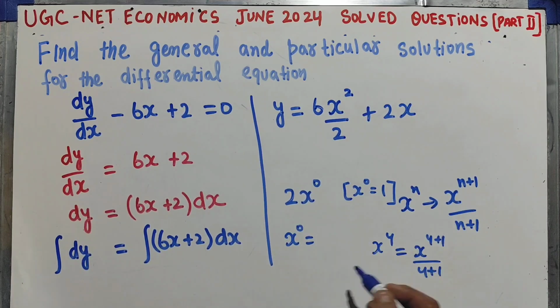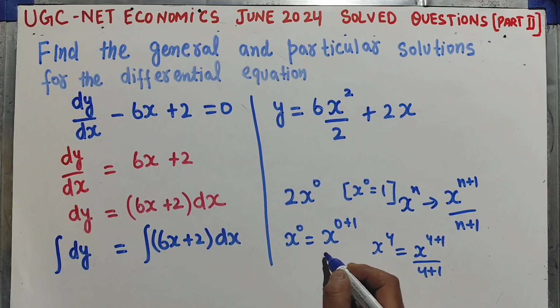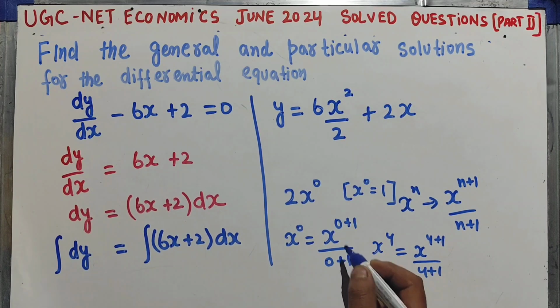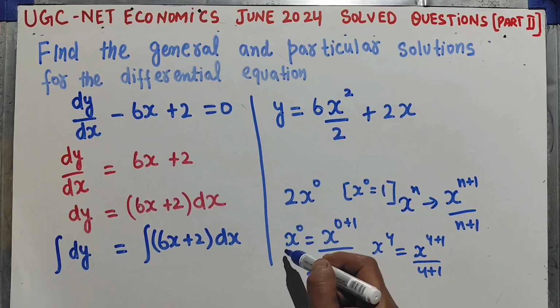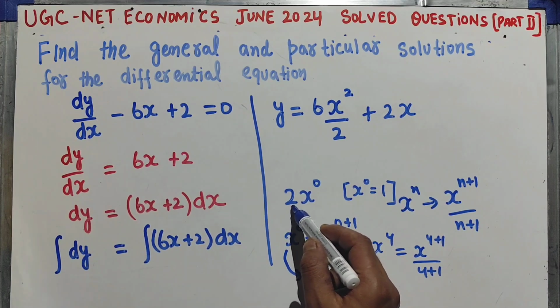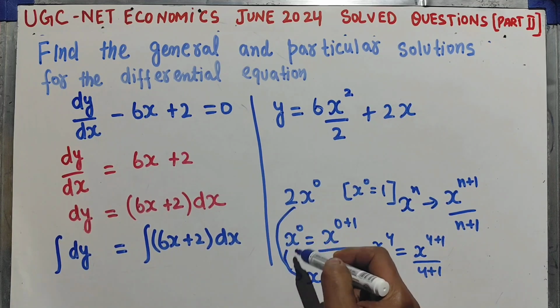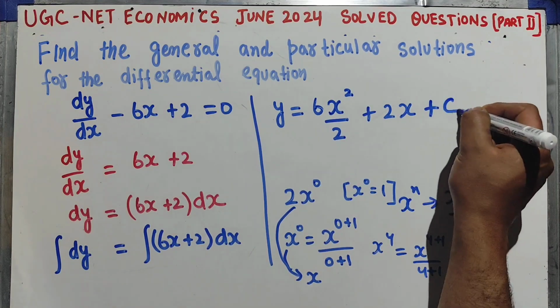Again using this method, we add 1 to the exponent and divide by the resulting exponent. So we get x. So the integral of x raised to the power 0 is in fact equal to x, or the integral of 2 will be equal to 2x. Plus we add the constant of integration.